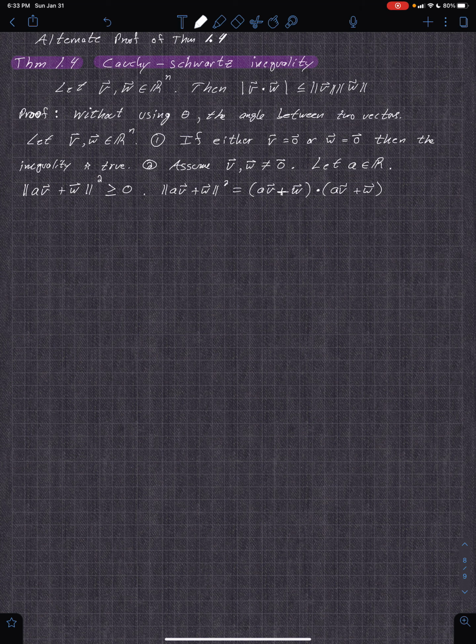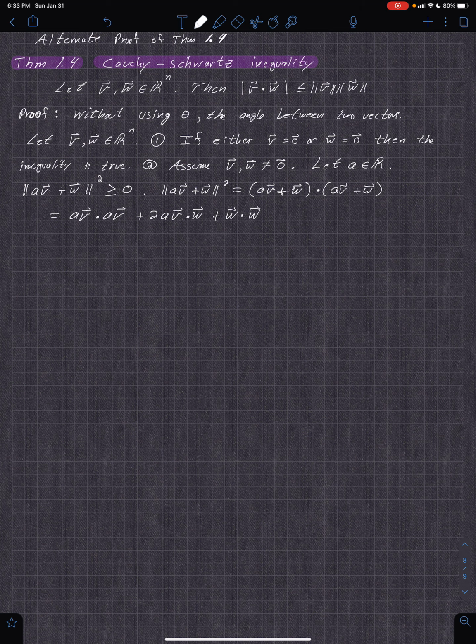Now let's multiply that out. So it's equal to AV dot AV plus 2A V dot W plus W dot W. That's using the distributive properties of the dot product.